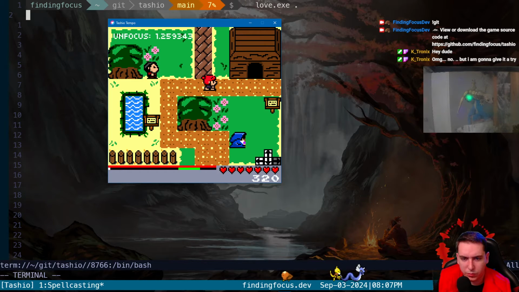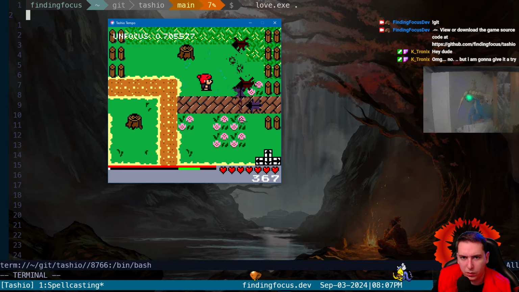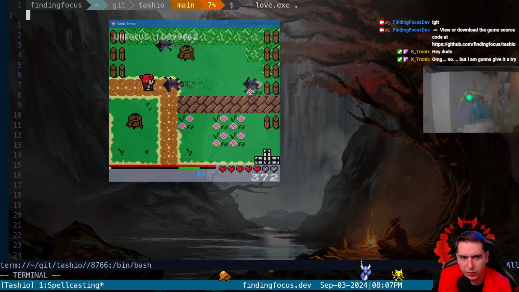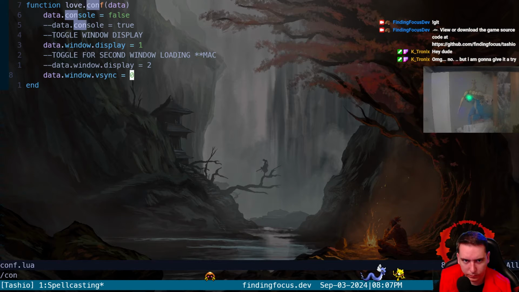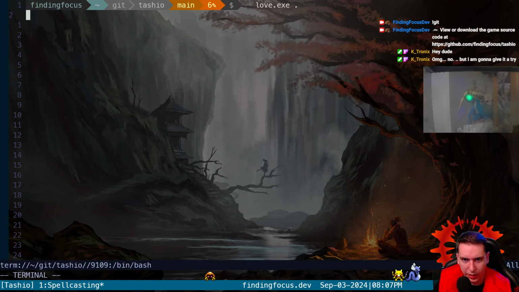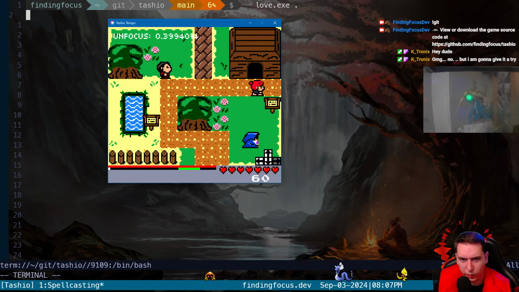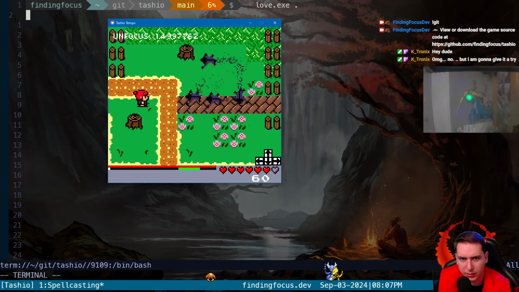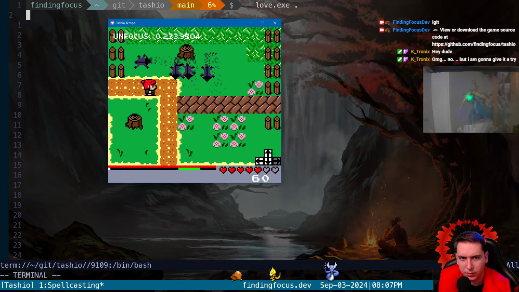But all I know is we're way too... That looks fine. See, that looks fine at this frame rate. It's just that when we have VSync on, we go really slow. Whoa. Yeah, it's like our slow to stop is just not scaled properly.